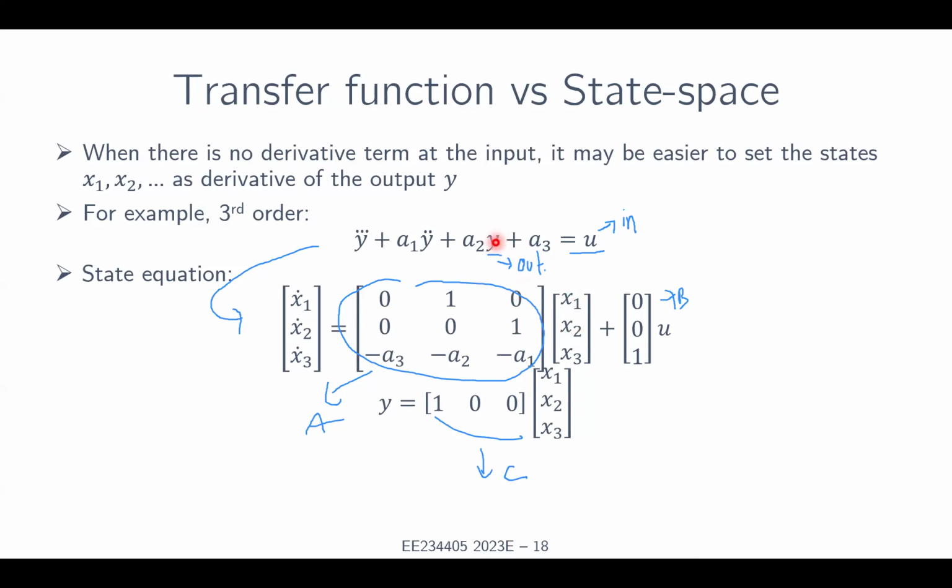The step is we begin from y, right? So if we set y to be x1, then the other is just 0, 0, right?